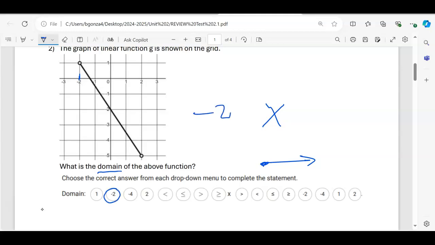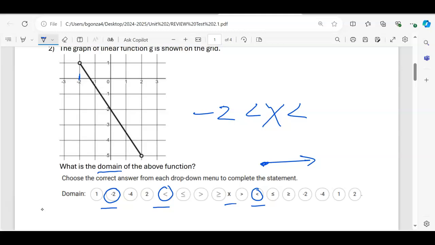And then remember, we always use less than signs on each side. Now, since this one's open, I'm going to use just a regular less than sign. So -2 is less than X. Now on the other side, that one's also open, so that's going to be less than.